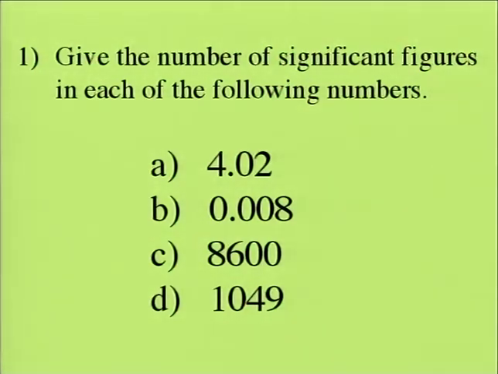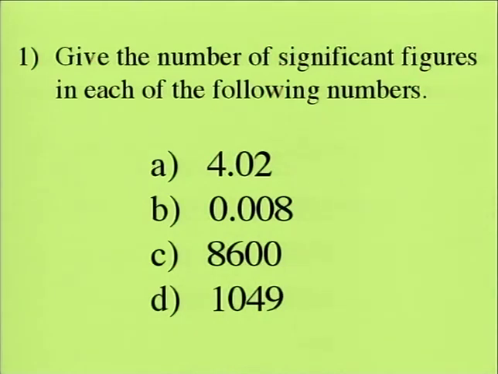I'm just explaining so that you understand: all zeros to the right of a non-zero are insignificant unless you were given or that number is indicated.